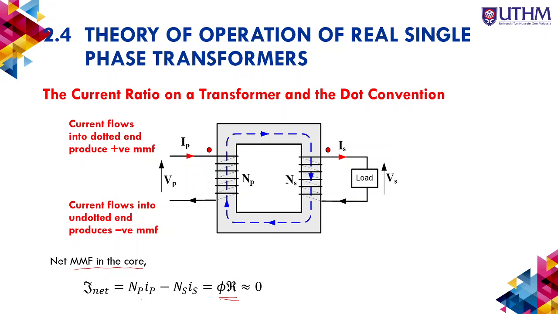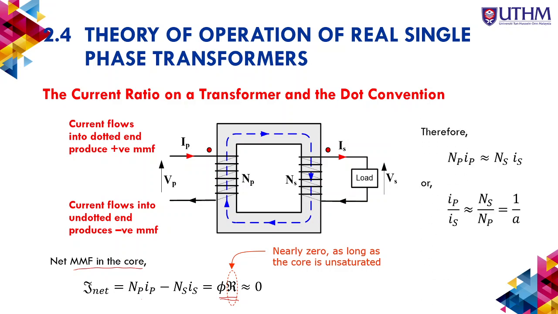Since R is very small, we assume the value becomes nearly 0 as long as the core is unsaturated. So the explanation for the real and ideal transformer is a little bit different, but the equation used is the same.